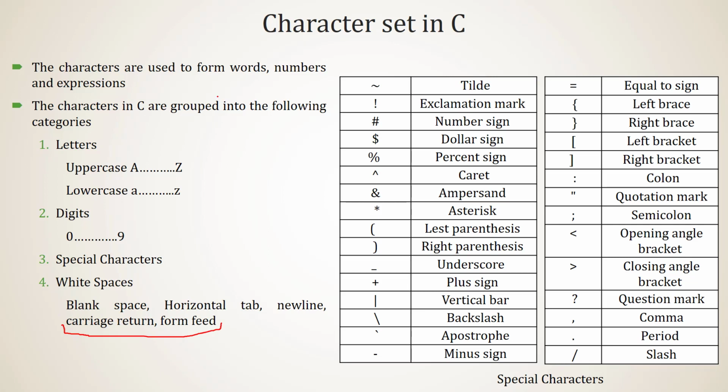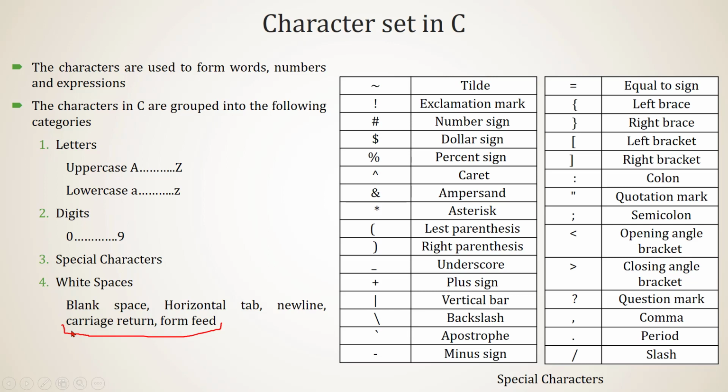So these are the characters which are allowed in a C program: letters, digits, special characters, and some white spaces. A C program will be a combination of these things. It will contain some letters, some digits, some special characters, some blank space, horizontal tab, and new line. Carriage return and form feed are generally not in the program, which we will discuss later.